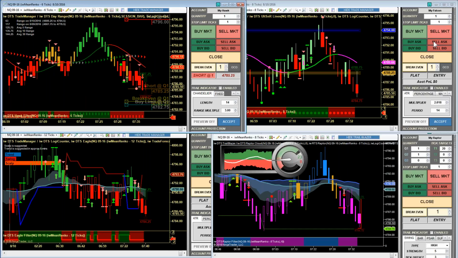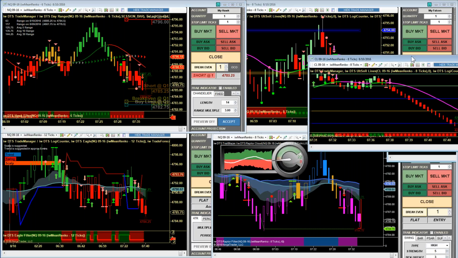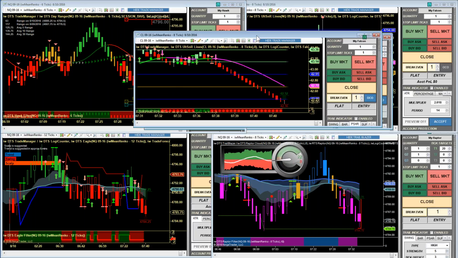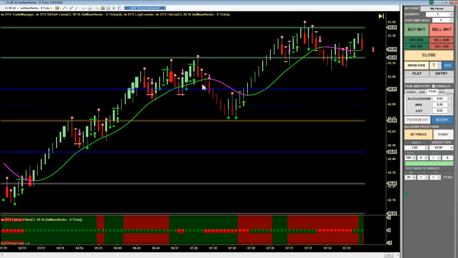What's going on here? Oh, crude oil now falling off the map. So here's crude oil. Remember how I said after the inventory released, you could set a different range.